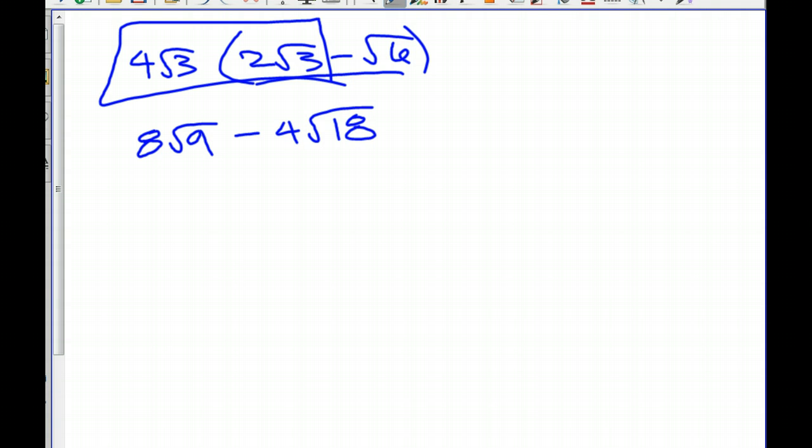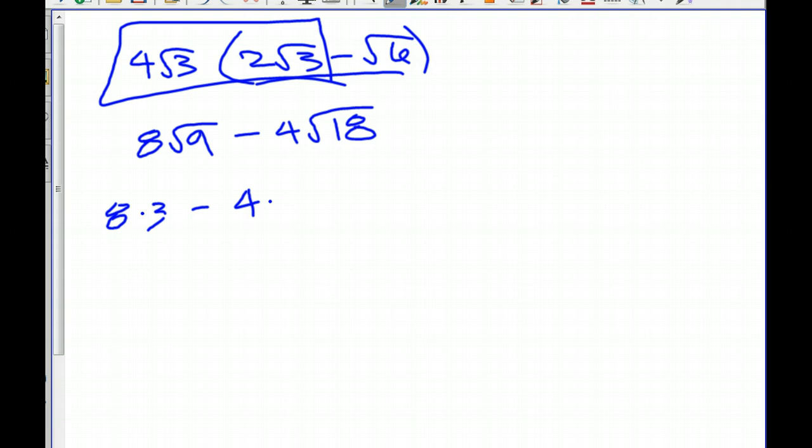Okay. At that point, we need to look at each one of our terms, see if we can reduce it to the same square root. Square root of 9 reduces to what? 3. So 8 times 3 square root of nothing. Nothing. Good.